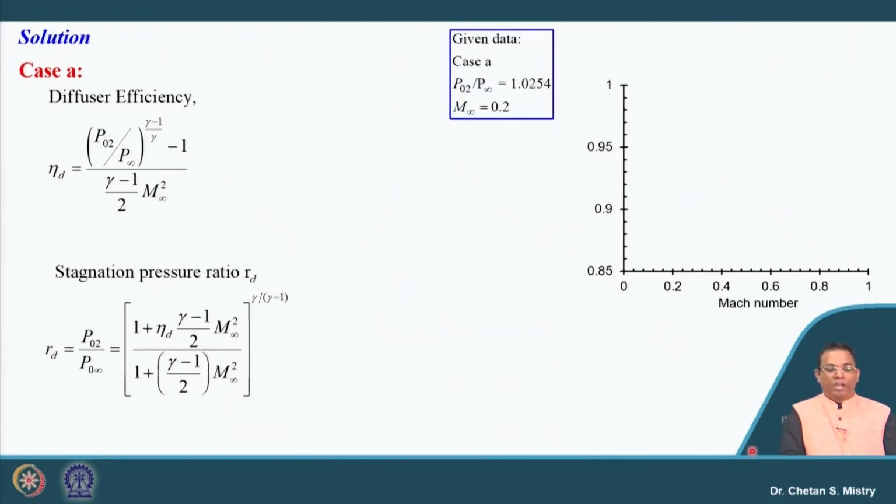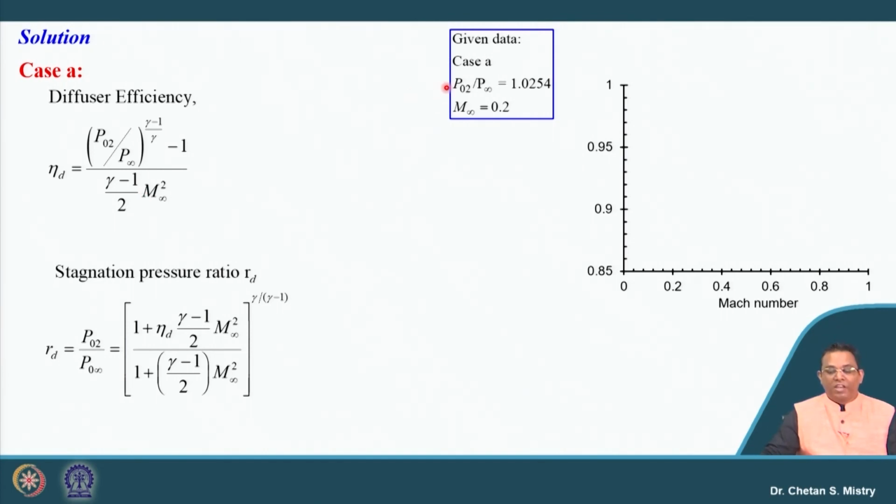The diffuser efficiency is a function of the total to static pressure ratio to the power gamma minus 1 over gamma, divided by gamma minus 1 by 2 into M infinity square.